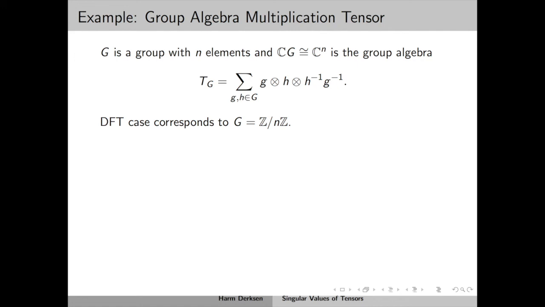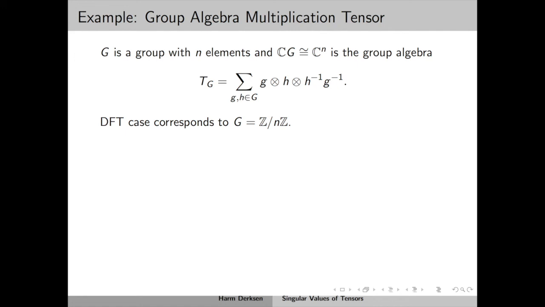People working in algebraic complexity theory have studied all kinds of algebras, particularly commutative algebras. In the end, they usually reduce to matrix multiplication. They have results on how these things are related.